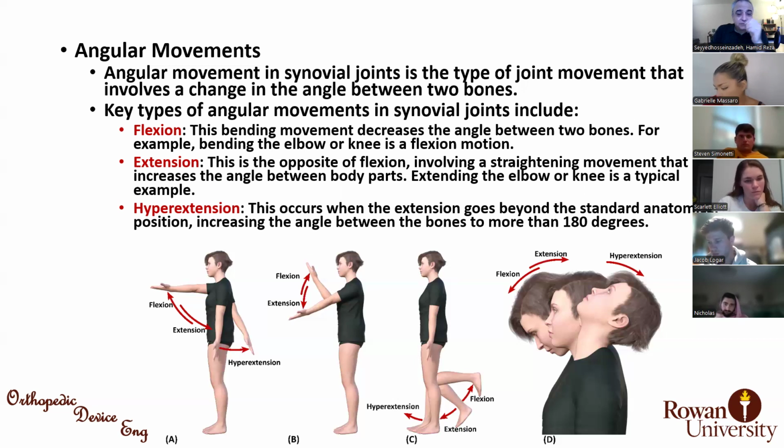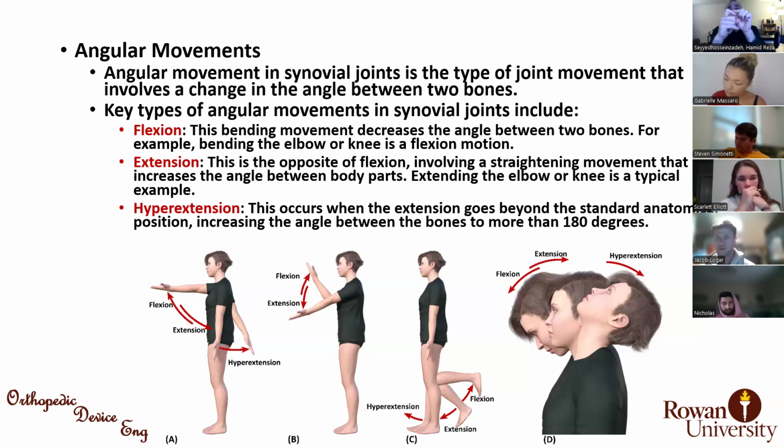Angular motion, as the name shows, is a change in the angle between the bones that are forming a joint. For example, when we are talking about the motion in my thumb, there is a bone here and a bone here, so there is a joint between them. When the angle between these two bones changes, it is called angular motion.